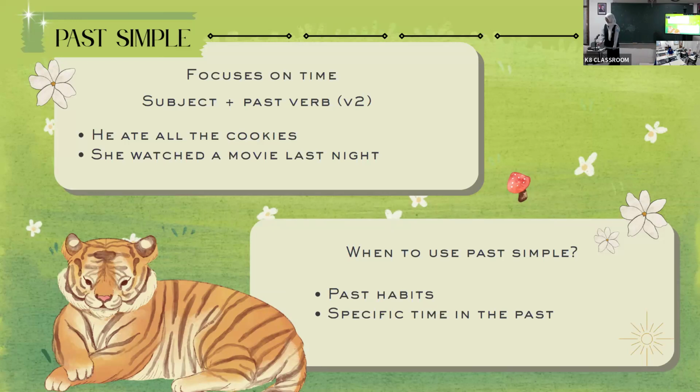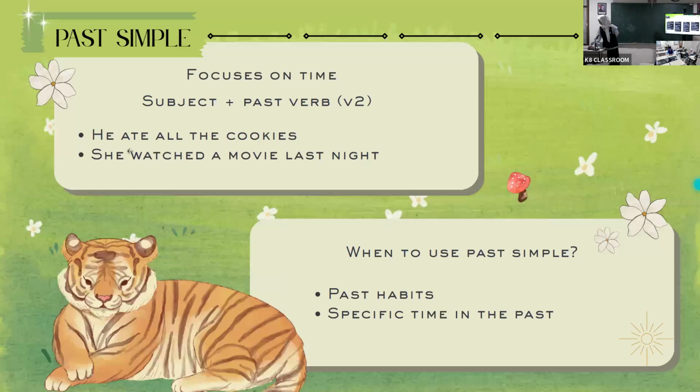Now, when do we use past simple? Past simple is used to describe past habits, like my grandfather told me stories every night, or a specific time in the past, like I visited Bali in 2022, or I saw her at the mall on Sunday.